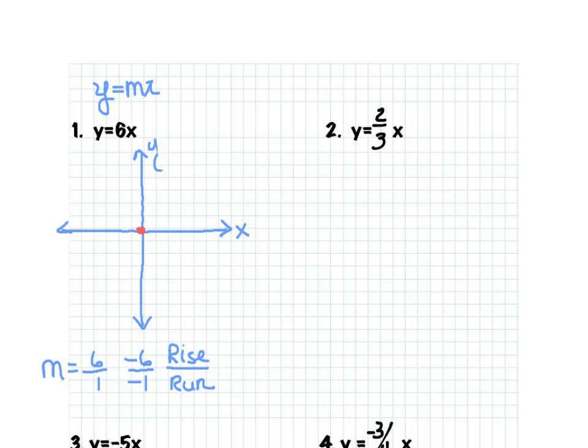Okay, let's do that again. 1, 2, 3, 4, 5, 6, and over 1. There's another point. And then from 0, 0 again, I'm going to go down 6 and to the left 1. So I have 3 points. And through those 3 points, I can go ahead and graph my line.